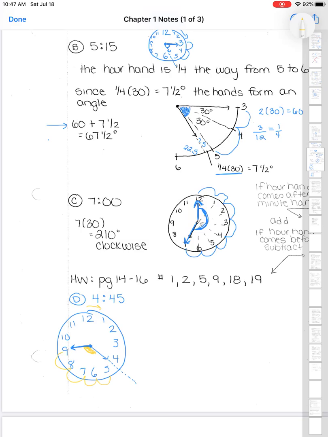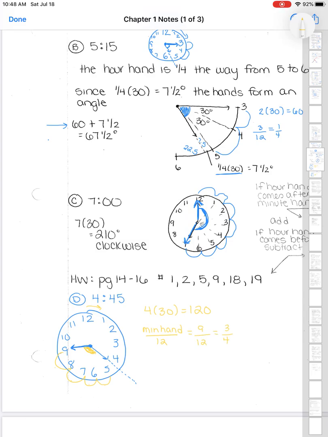First of all, the angle we want, if you start at the 12 and work your way around, is from the first hand to the second hand. So this is the angle that we're looking for right here. Within that angle, you first ask how many full intervals of 30. So 5 to the 6, 6 to the 7, 7 to the 8, 8 to the 9. 1, 2, 3, 4. So we cannot be less than 120 degrees. That's where we're starting at.